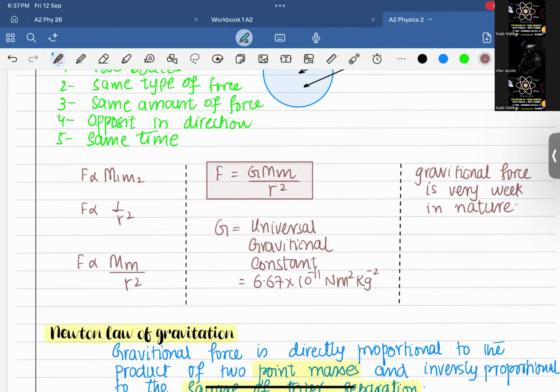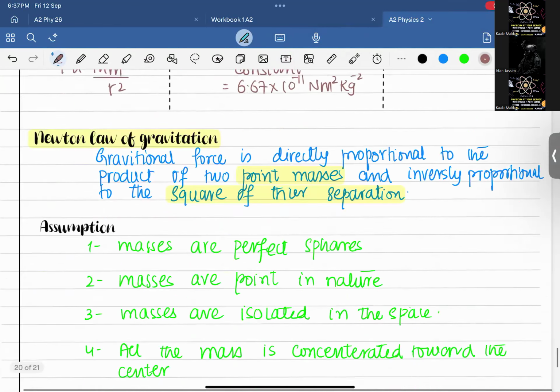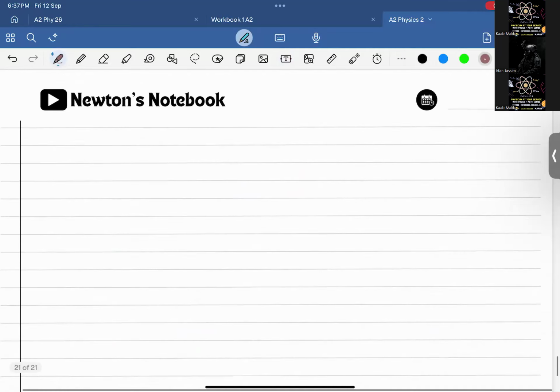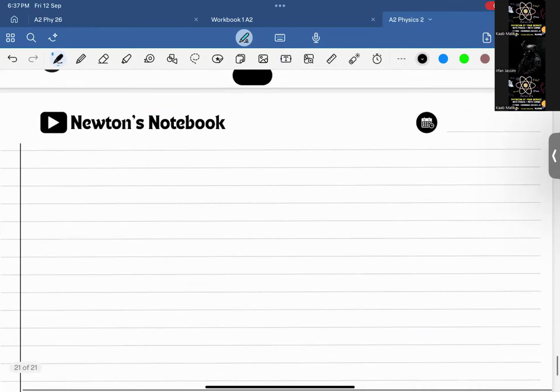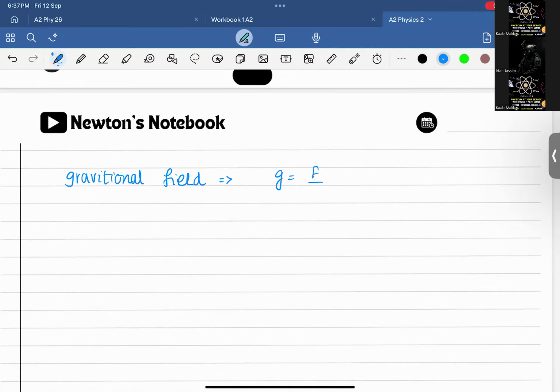Now if you want to use this formula to make it into the gravitational field formula, the gravitational field will look like this: g is equal to force upon mass.